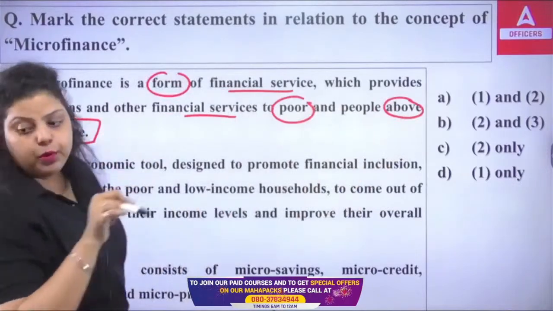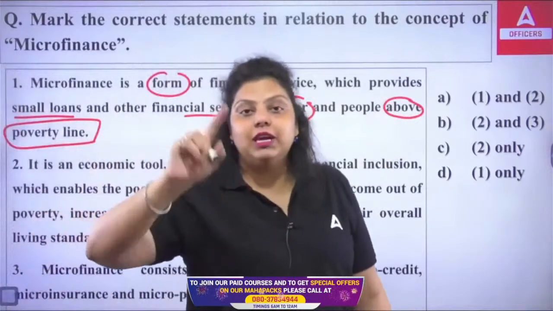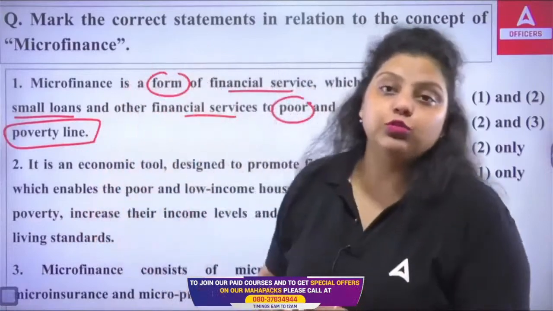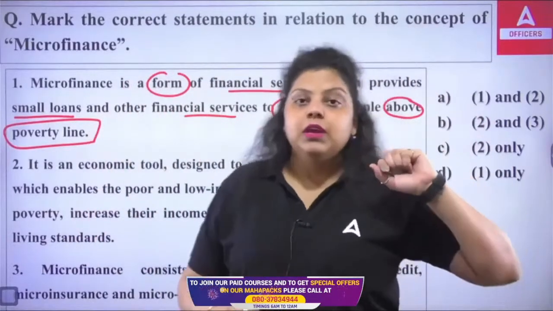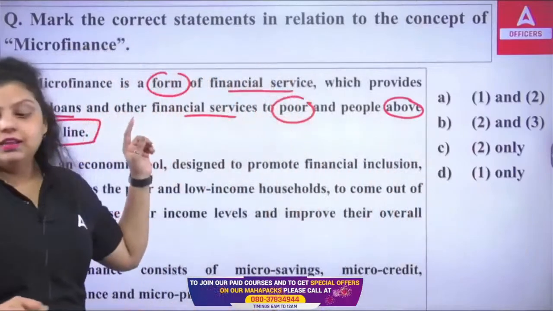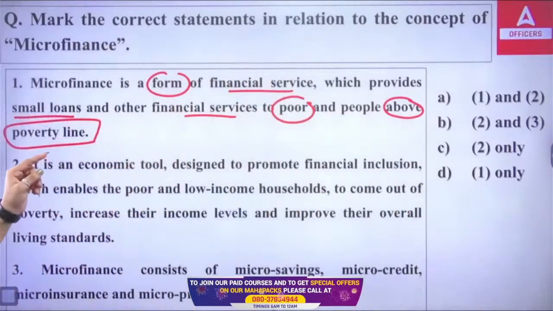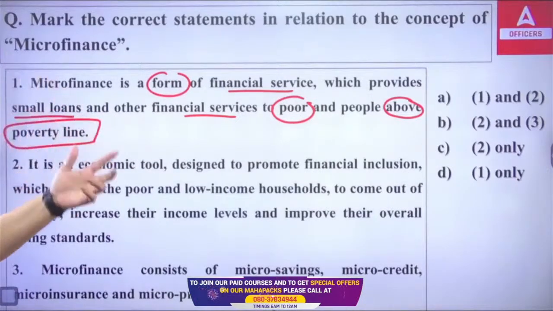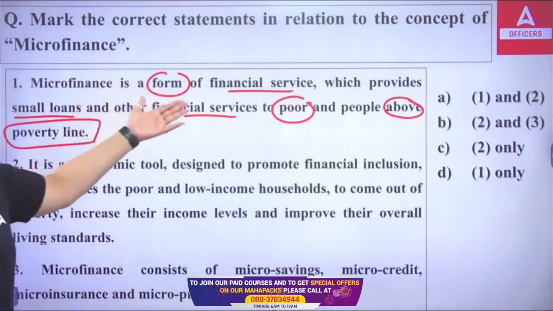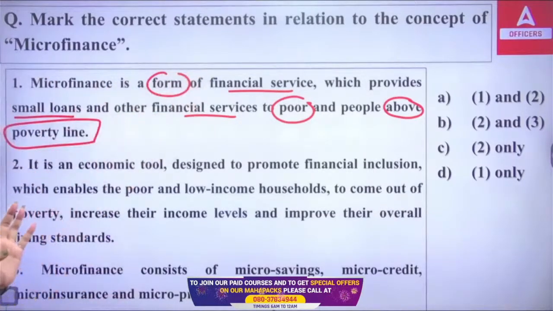So below poverty line people are the weaker section, the economically weak society of our country, the disadvantaged population of our country, we can say. The first option says microfinance provides small loan facilities and other financial services like small savings, insurance, pension, etc. to the below poverty line as well as above poverty line population.